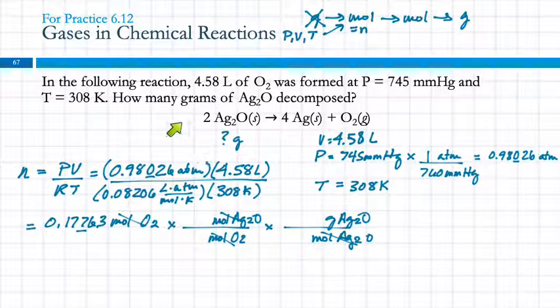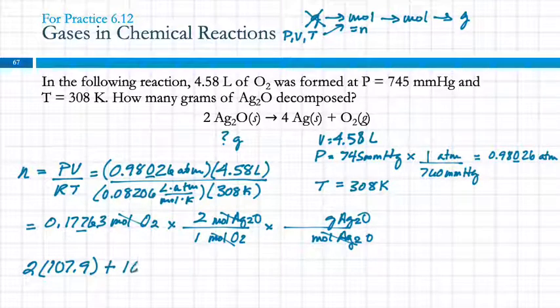The mole ratio comes from the balanced chemical equation. 2 moles of the silver oxide for 1 mole of oxygen. And then down here, I need the molar mass of Ag2O. It's 2 times 107.9 plus 16, which is 231.8.